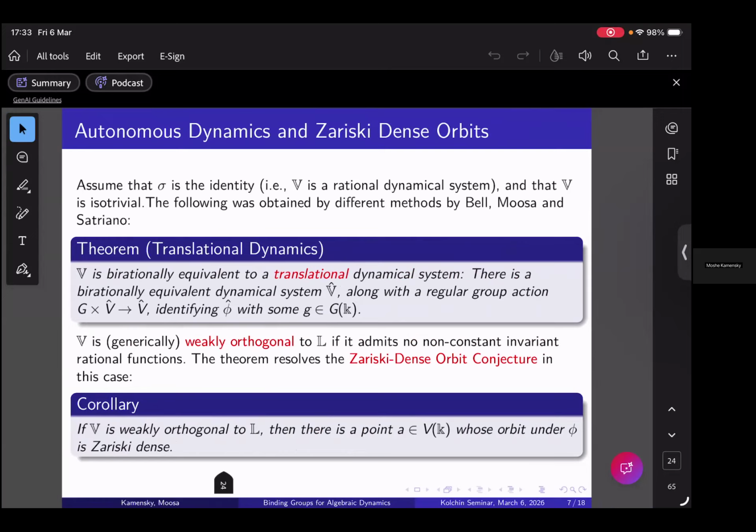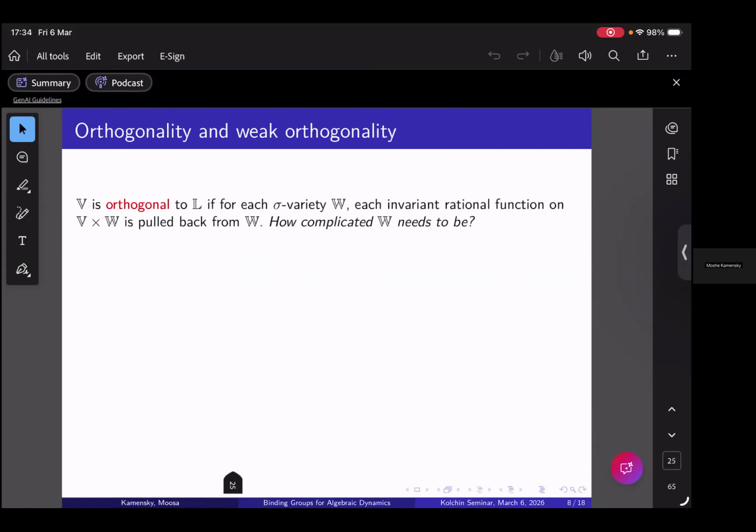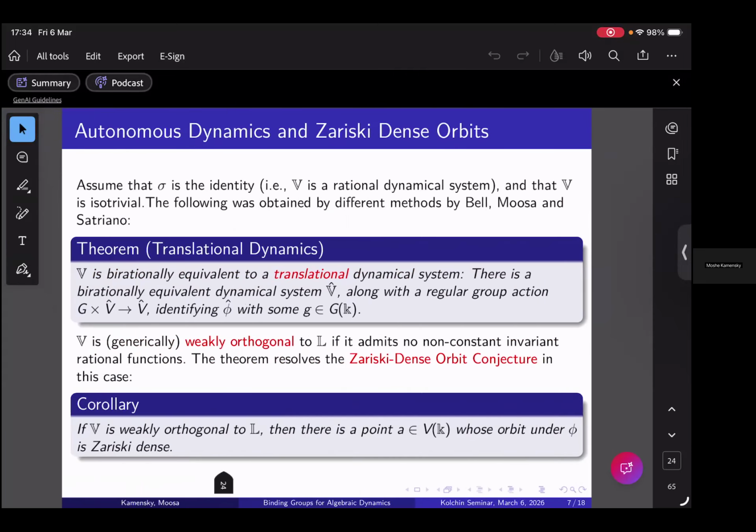This is under the assumption, of course, that V is isotrivial and also weakly orthogonal, in the sense that it doesn't have any invariant rational functions. This just follows from the translationality.